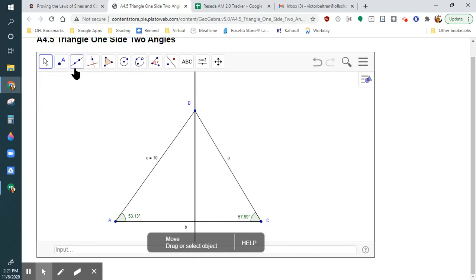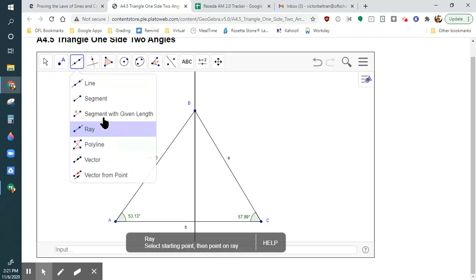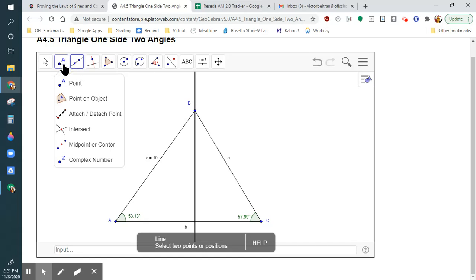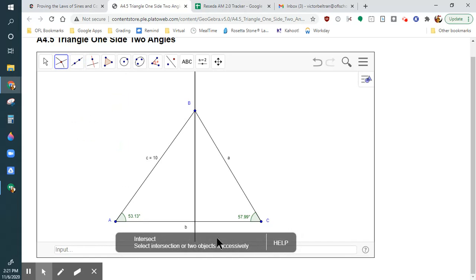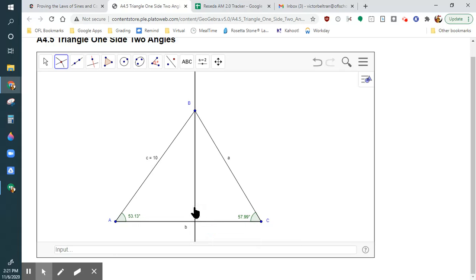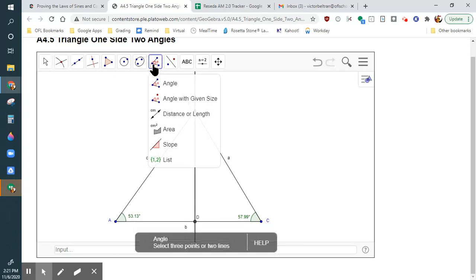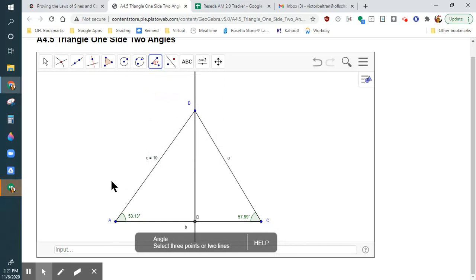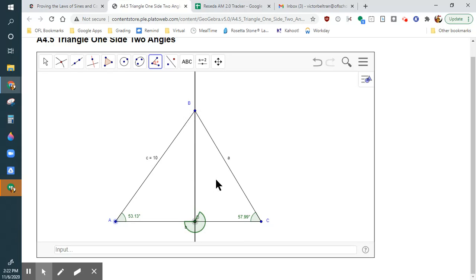Now I remember why I've been scorned so many times. I've never marked this point correctly. A new trick that I picked up was this point of intersection. You might have seen me pick this up in the last video. So this should make it a little easier for me to measure this angle, and it should be exactly 90 degrees. If it is not 90 degrees exactly, something went wrong.